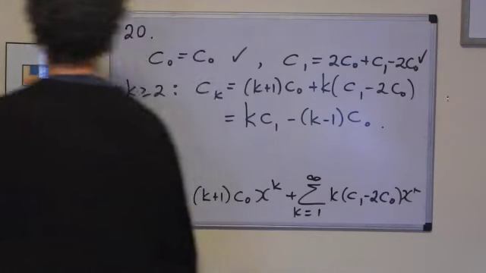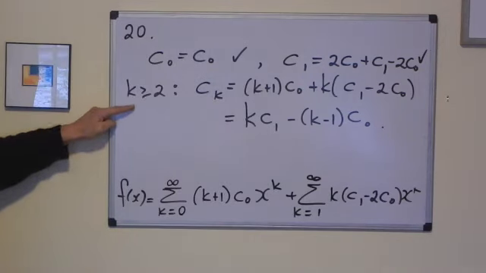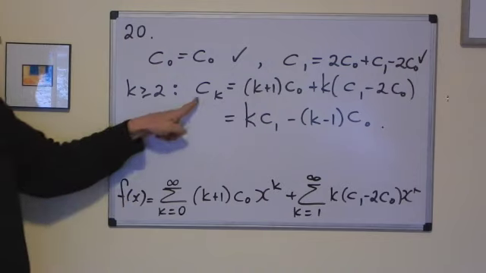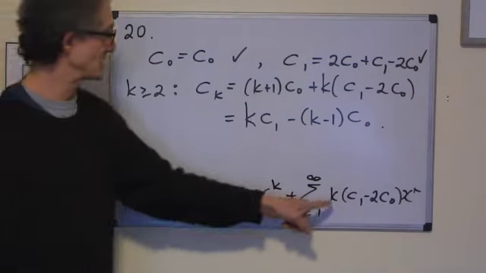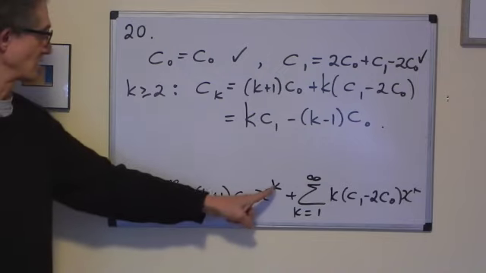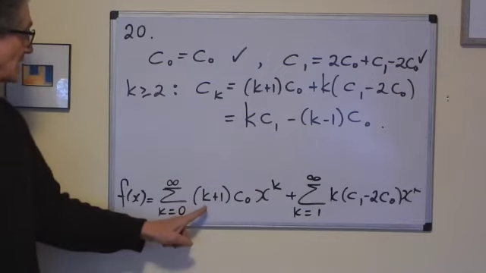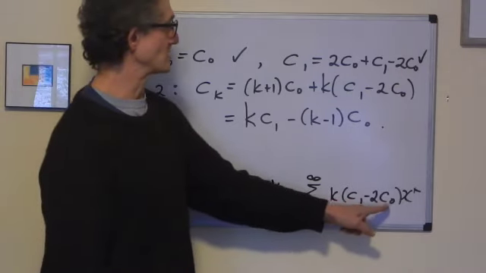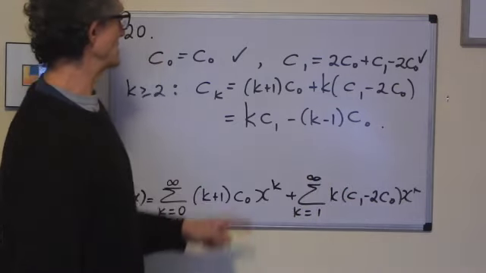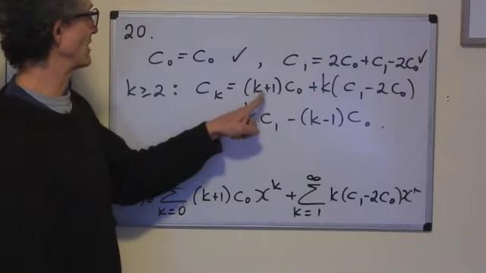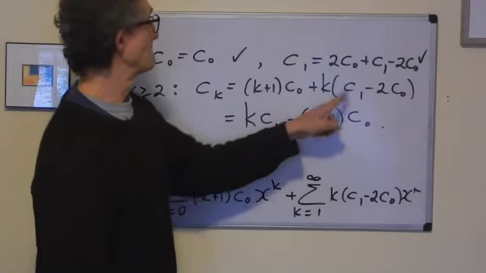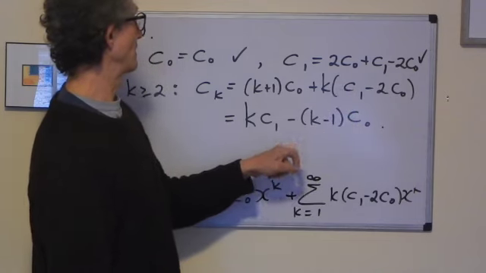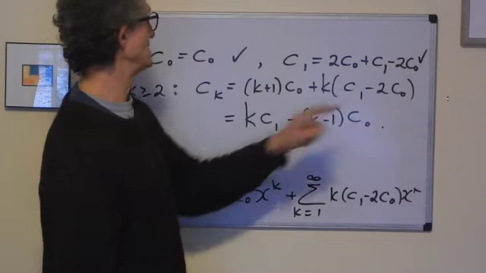Now, what happens when k is bigger than or equal to 2? Over here we have ck, and in this sum, again, the coefficient of x to the k is k plus 1 c0 here, and k times c1 minus 2c0 here. And so putting that together, we have k c0 minus 2k c0, so we have minus k c0.